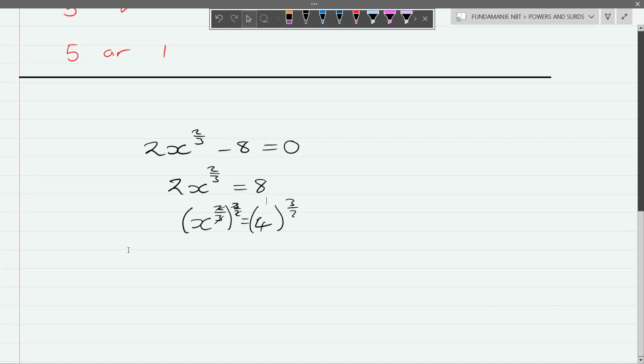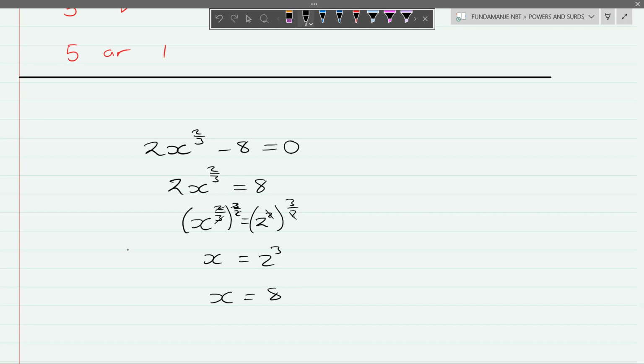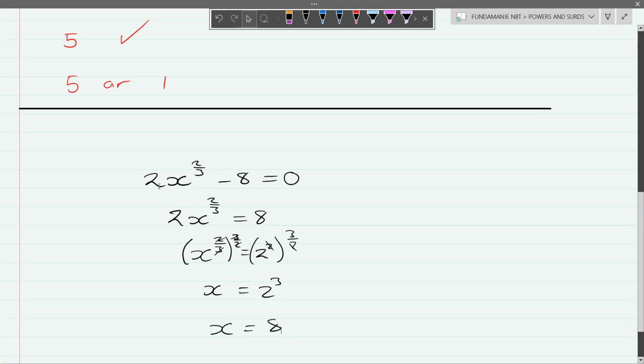Then since you're working with powers, let's convert the 4 into its power form, which is 2 to the power of 2. Then 2 will cancel with 2, and we're left with x is equal to 2 to the power of 3, meaning x is equal to 8. And that's how you go about solving these types of problems.